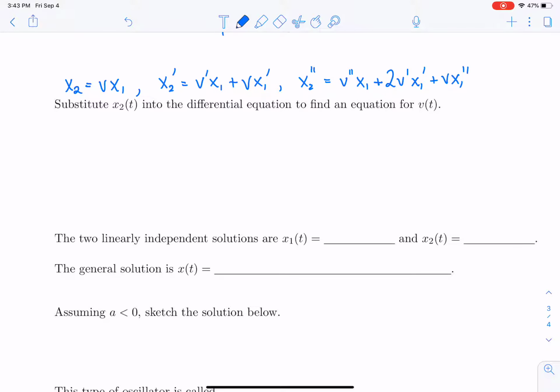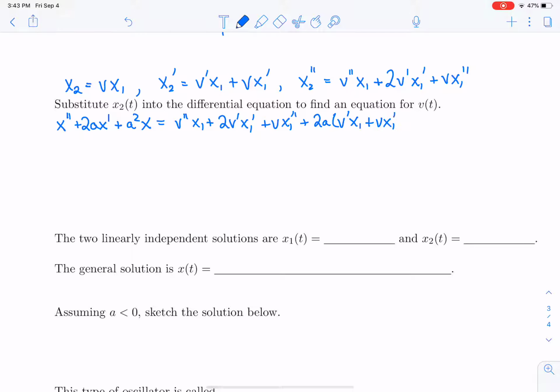So here I'm going to see that my differential equation x double prime plus 2a x prime plus a squared x is going to equal, the second derivative comes first, so v double prime x1 plus 2 v prime x1 prime plus v x1 double prime, plus 2a times x prime, so that's going to be v prime x1 plus v x1 prime, plus I'm going to have a squared times x, which is v times x1.